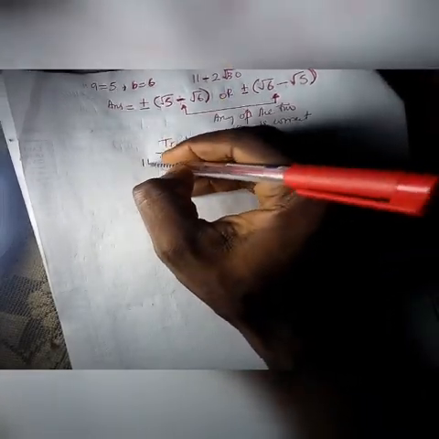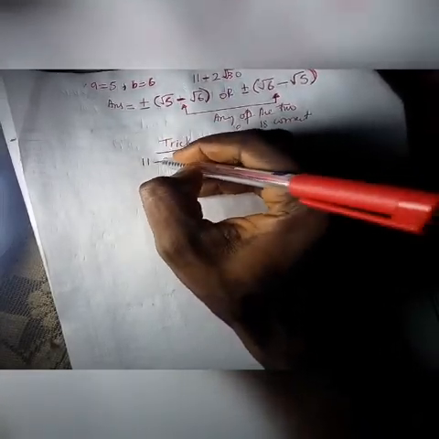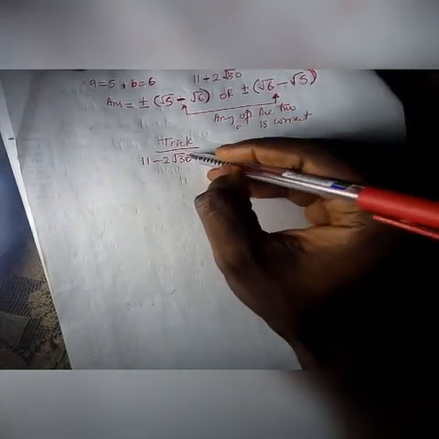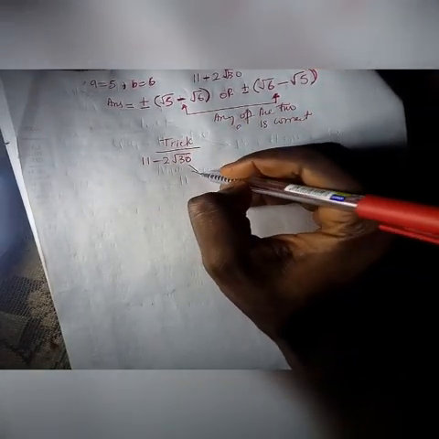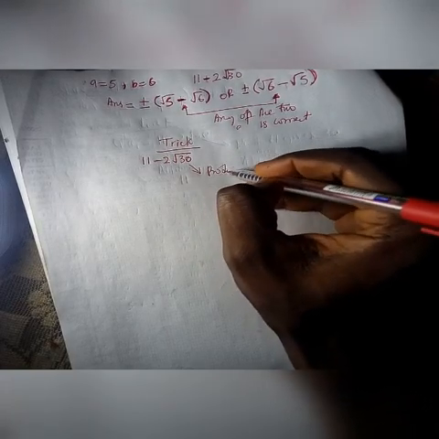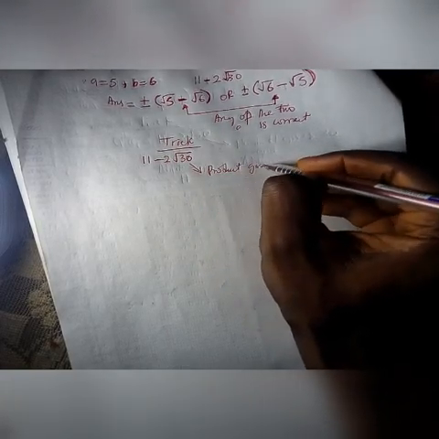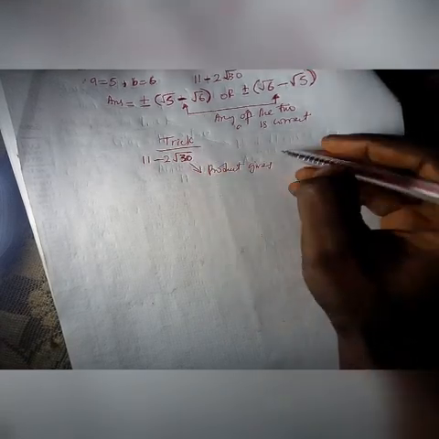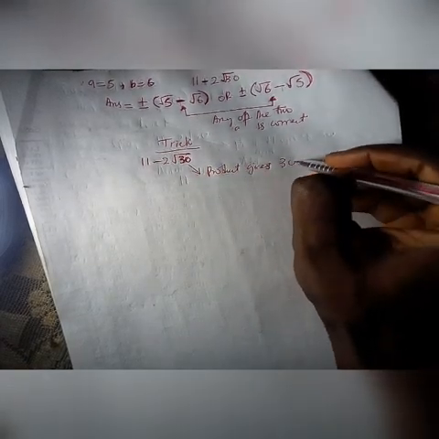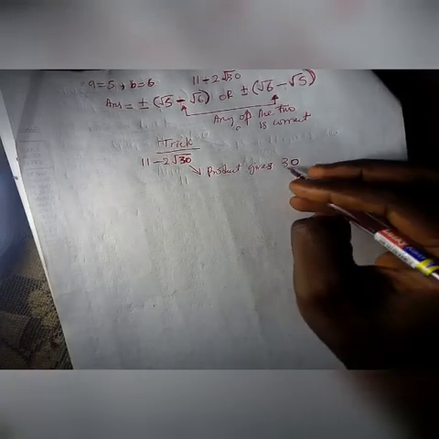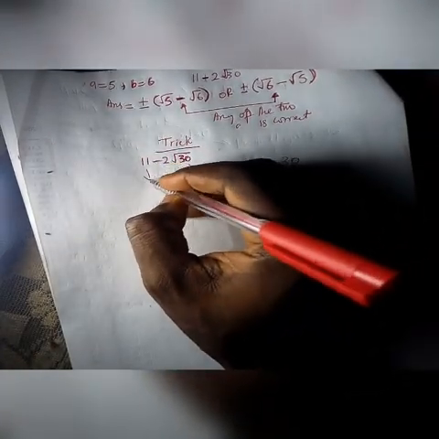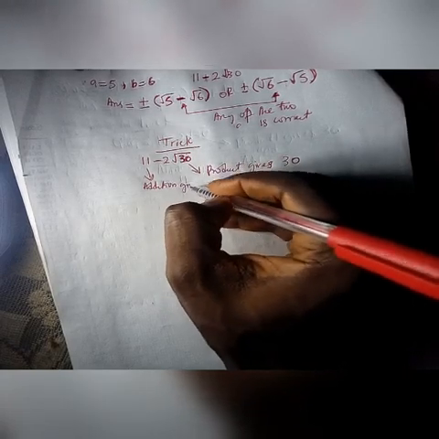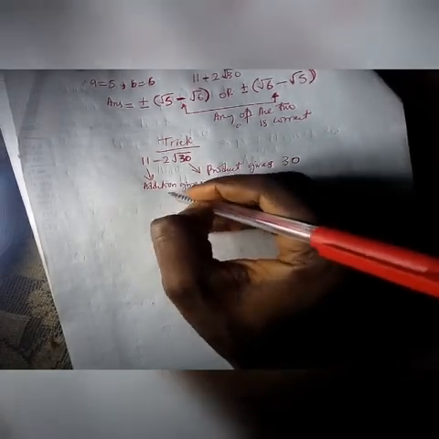Look for two numbers that their product gives the one inside the surd. The product gives what? 30. And the same two numbers, their addition gives 11.